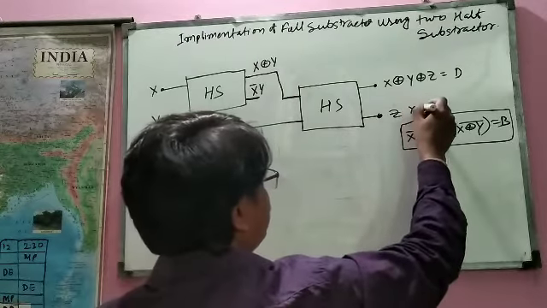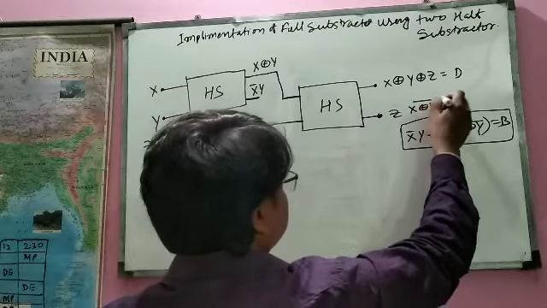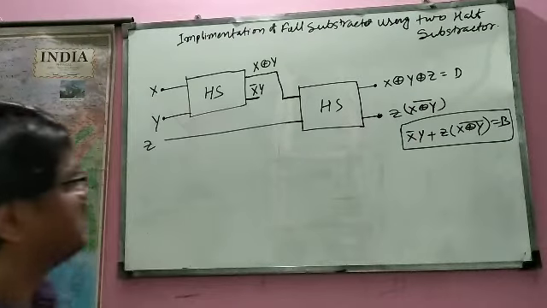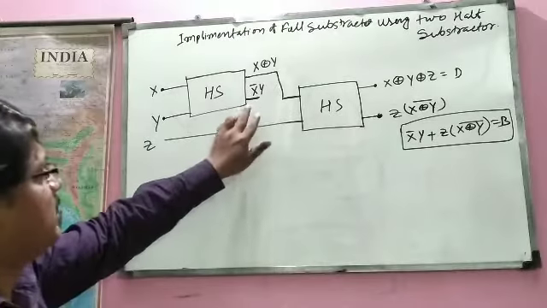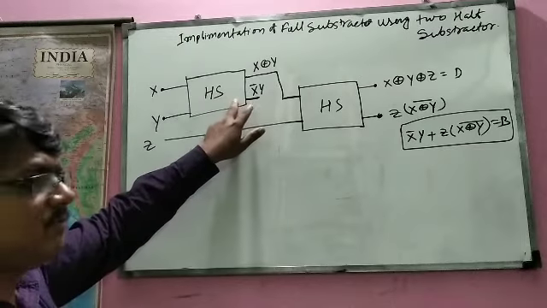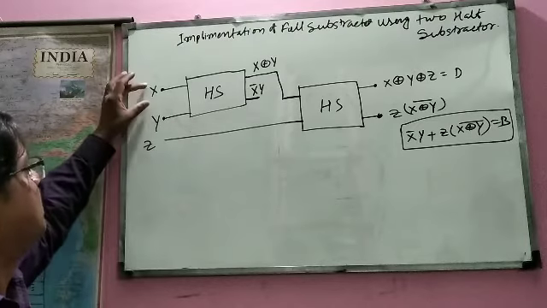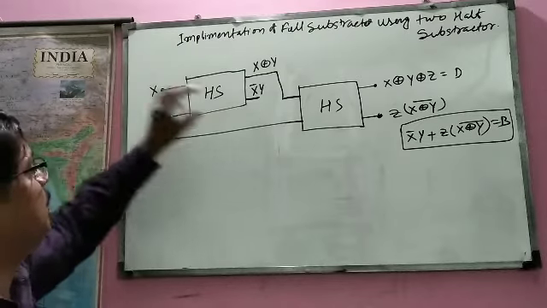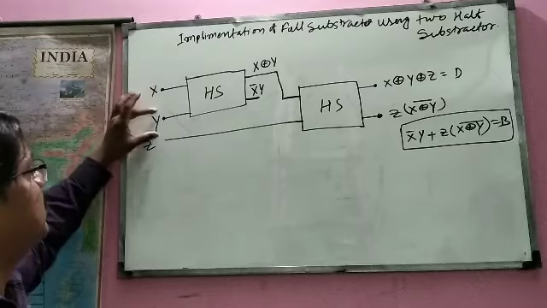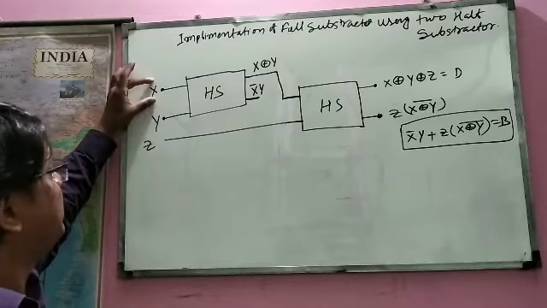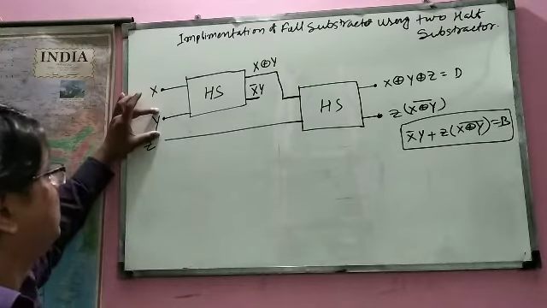So that is not any problem, I think. This is in a similar way, okay. The half subtractor multiplies these two terms, but it takes the complement of this and then multiplies this with this. That's why x bar y, okay.